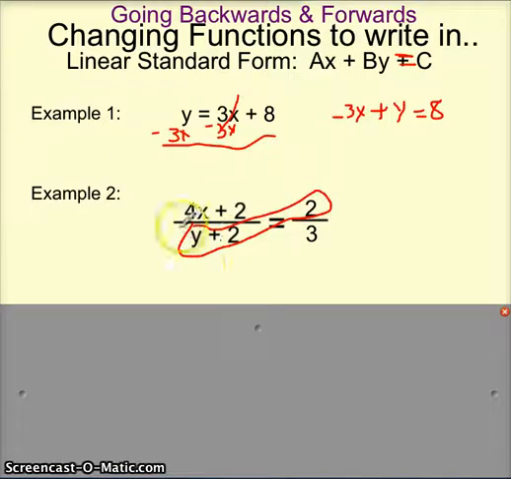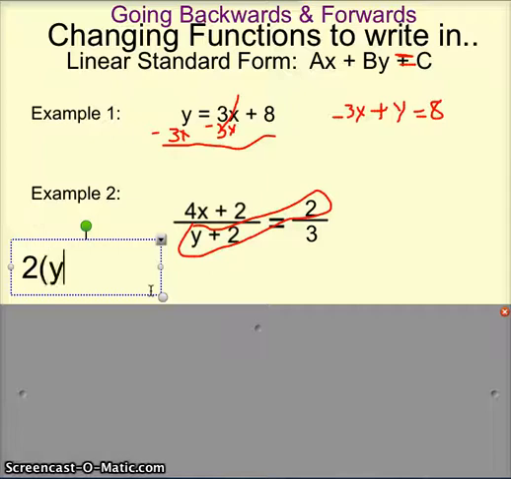So I have to do 2 times y plus 2, but since it's 2 times this entire expression, I'm going to need parentheses. So we can write 2 times y plus 2.